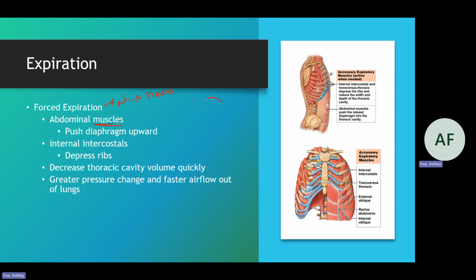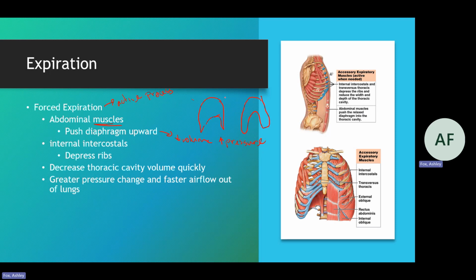Normally when it's relaxed it's domed like that. If all of a sudden you're pushing it even farther up, what are you doing? You're decreasing the volume even further. So decreased volume, what does that do to pressure? It increases pressure, so you make an even larger difference.